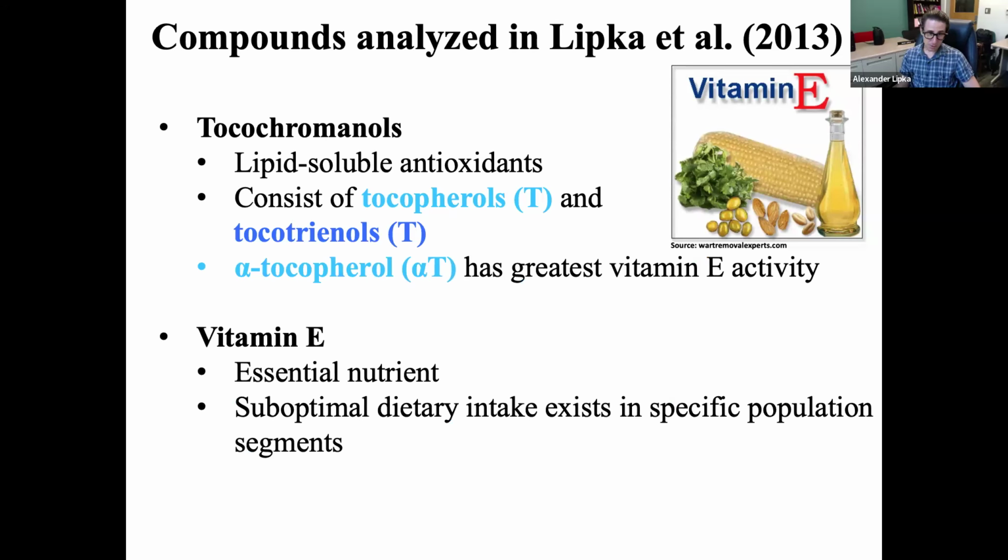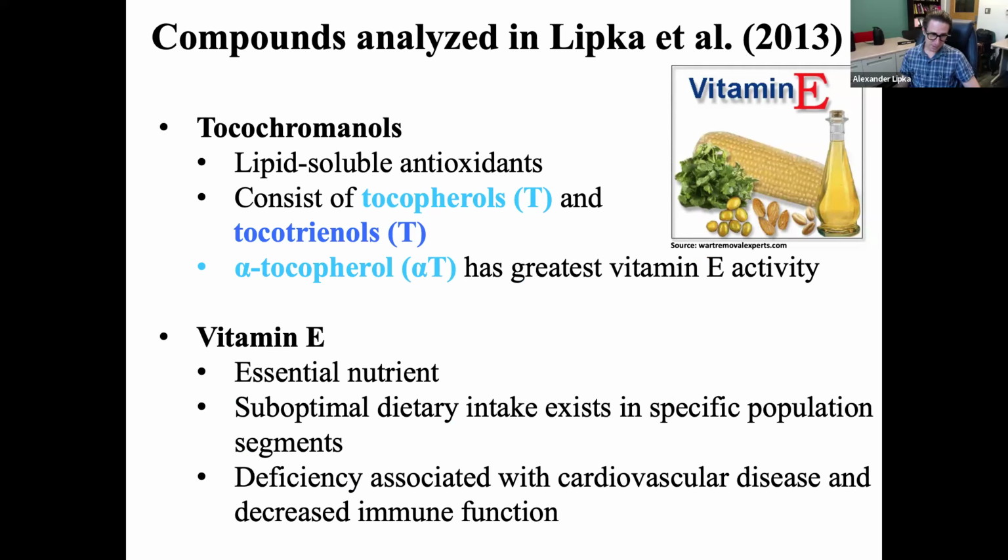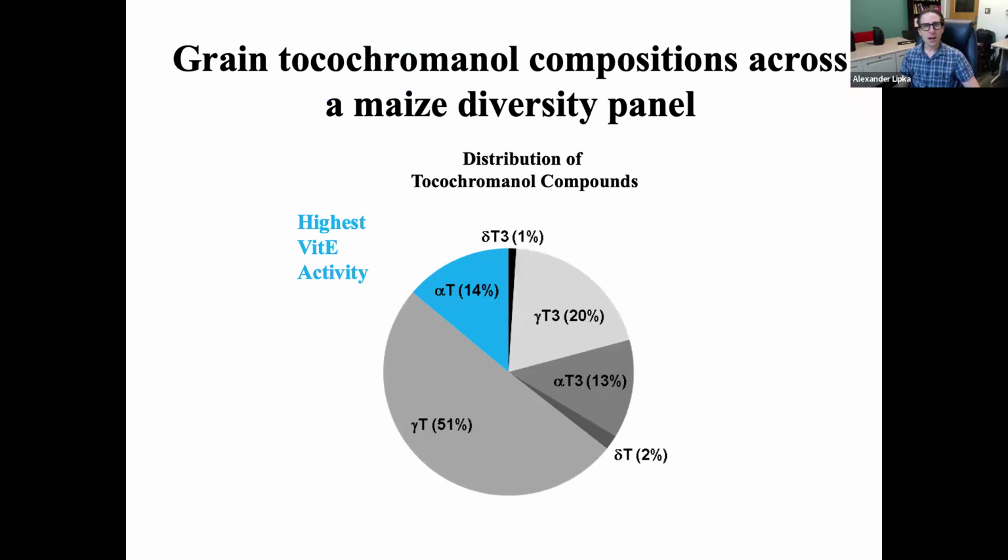In specific population segments, there's suboptimal dietary intake, and deficiency of vitamin E is associated with cardiovascular disease and decreased immune function. So in the data set that we looked at, our maize diversity panel, here's a pie chart showing all the different tocochromonol compounds and what percentage of total tocochromonols each of these compounds comprises.